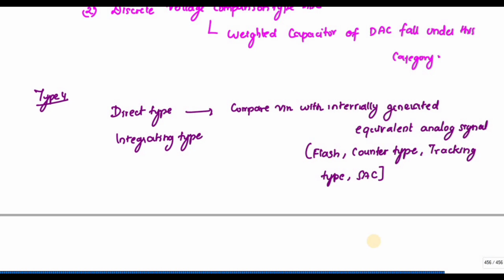Many digital voltmeters employ this integrating type ADC in the circuit. The charge balancing type and dual slope ADC fall under this category. So the integrating type ADC comes under dual slope ADC.